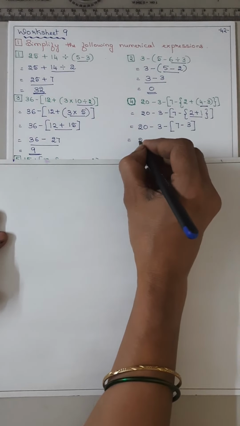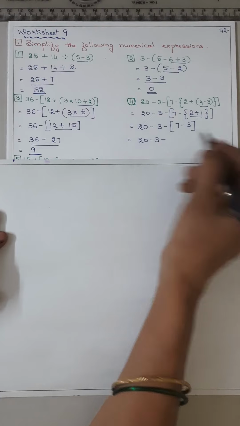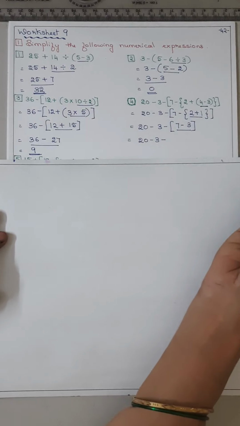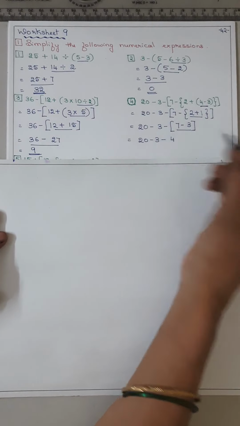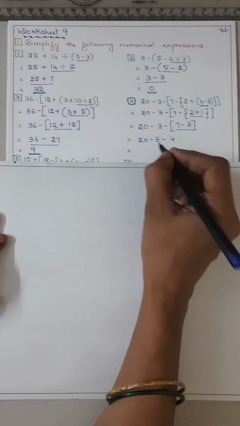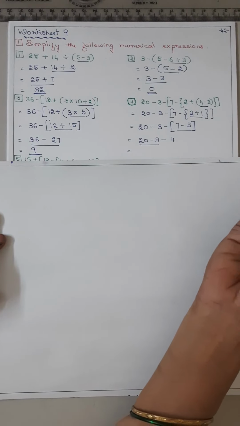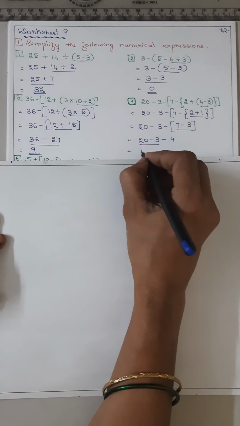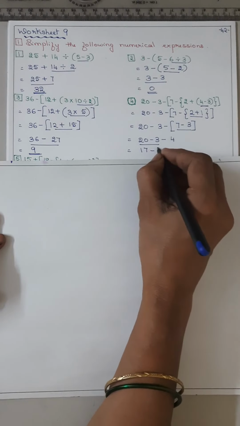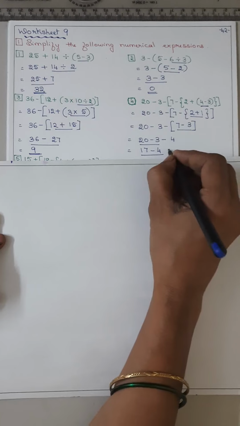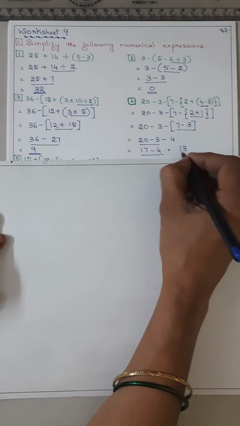Next 20 minus 3 minus, here it is 7 minus 3 is 4. Now both are subtraction, so first you subtract these two. 20 minus 3 is 17 minus 4. Now you subtract 17 minus 4 is 13.